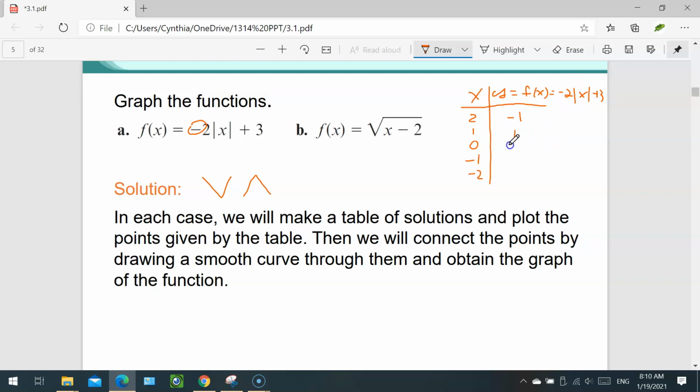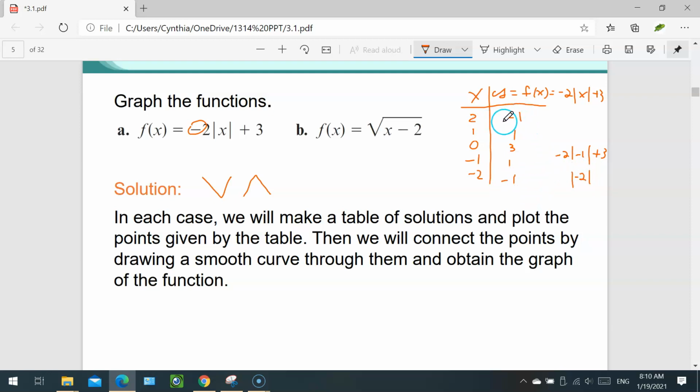Plugging in 0, you get 3. Plugging in -1, the absolute value turns it to +1, multiplied by -2 plus 3 is 1. When I plug in -2, removing the bars turns it to +2, multiplied by -2 is -4, plus 3 is -1.